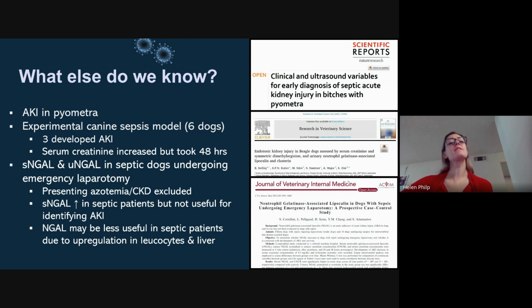And they found something that's also been mentioned in human medicine, and perhaps not surprisingly, that serum NGAL is already increased in septic patients, and so they felt that was less useful. This is also reported in human literature, but perhaps you just need a higher cutoff. But that's just something to bear in mind that's specific to sepsis.